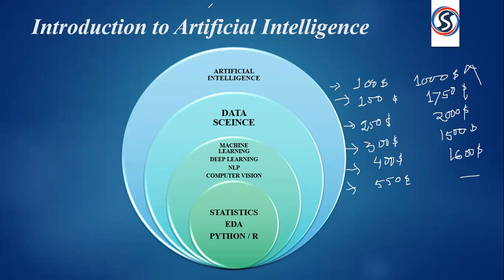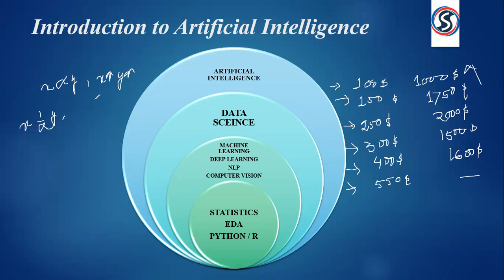Because look, there are two conditions. One is that my x is directly proportional to y. That means when my x increases, my y will also increase. The second condition is that my x is inversely proportional to my y.